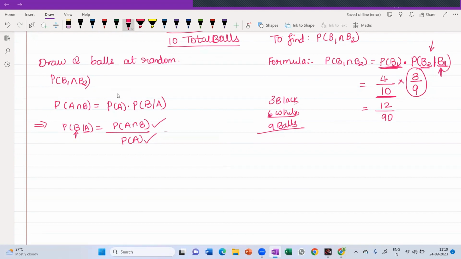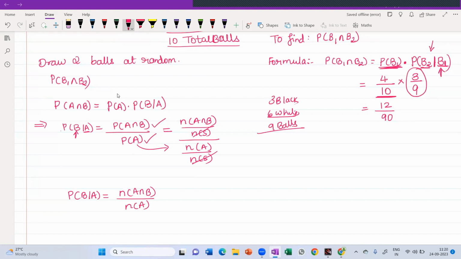Now what is the formula for finding the probability of any event? It is the number of elements in an event upon the total number of elements in the sample space. Similarly, probability of A will be the number of elements in event A upon the total number of elements in the sample space. So this and this will get cancelled. What will be left with you? Probability of B given A is going to be the number of elements in the intersection upon the number of elements in the event that has already taken place.